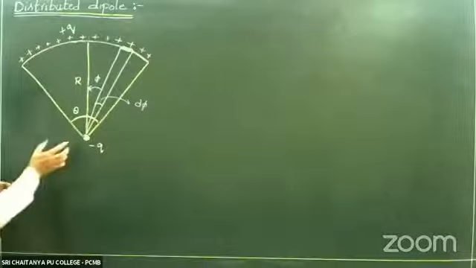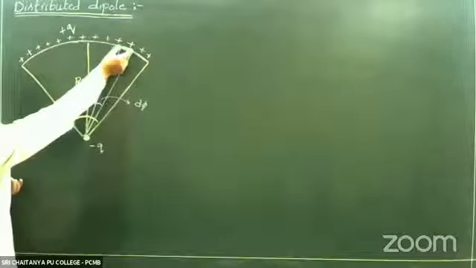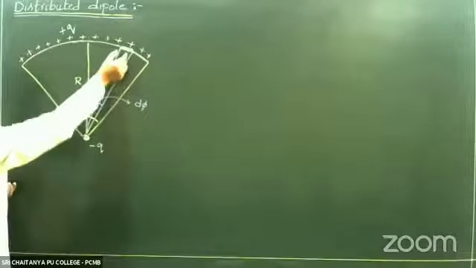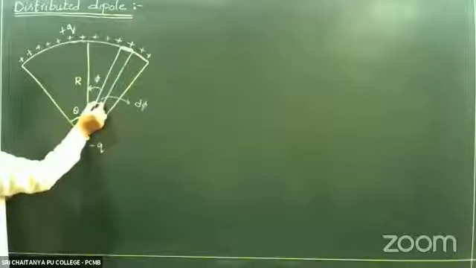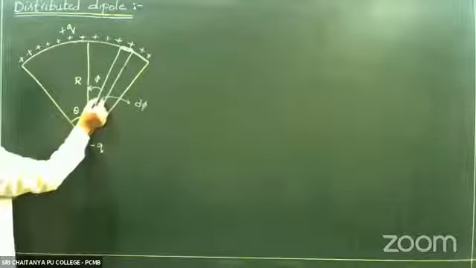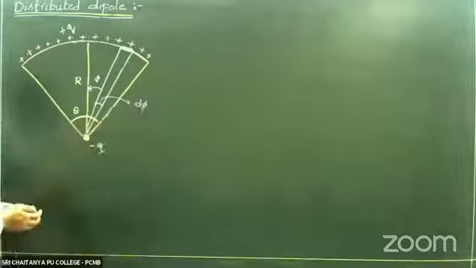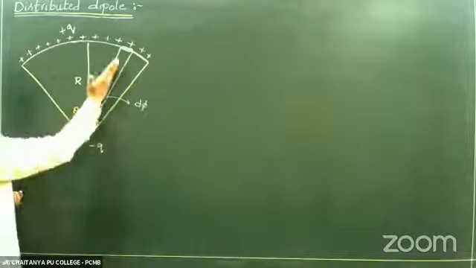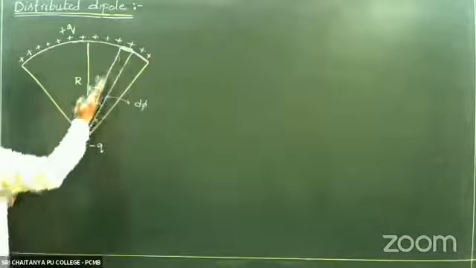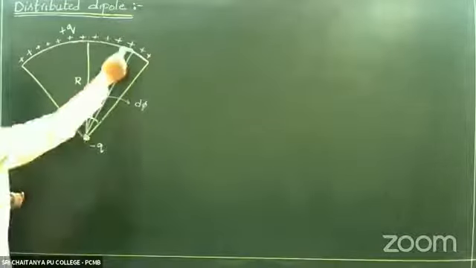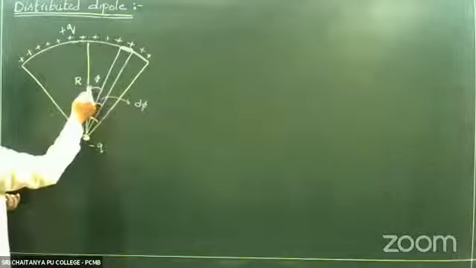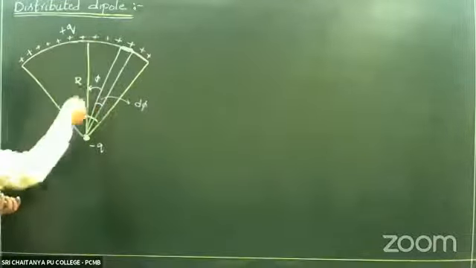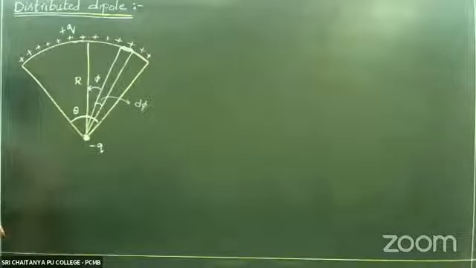So we selected a small portion here, meaning a small charge. That small charge lies in an angular area d phi, and the line joining this minus q and this small charge makes an angle phi with this bisector, right?